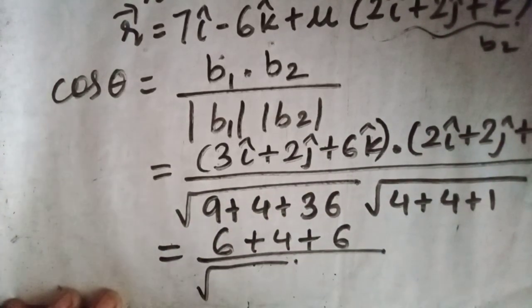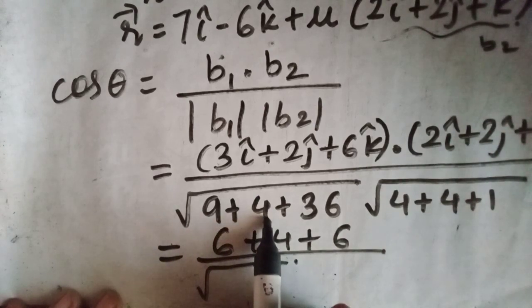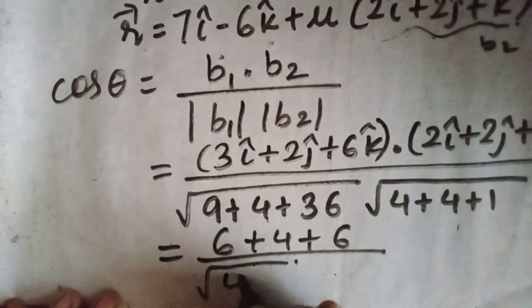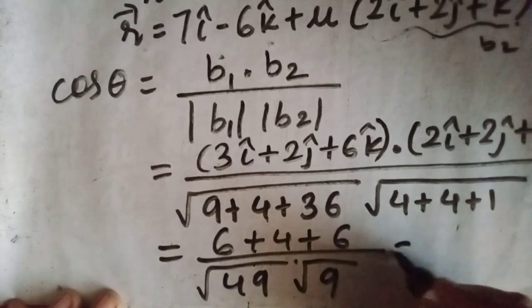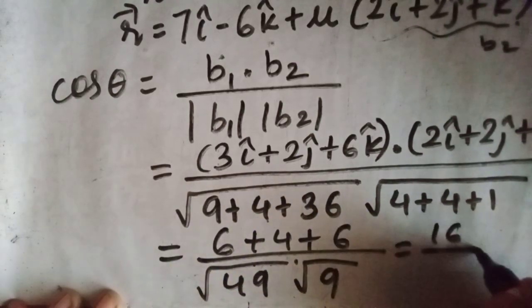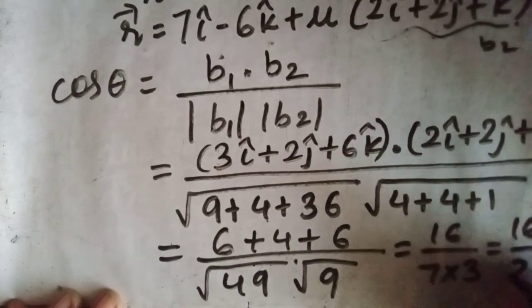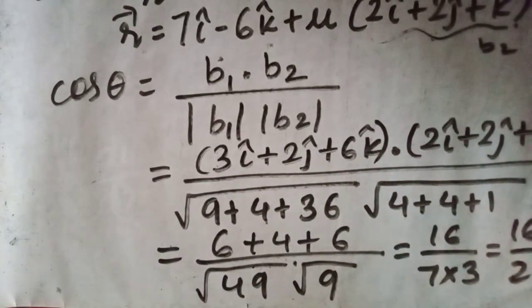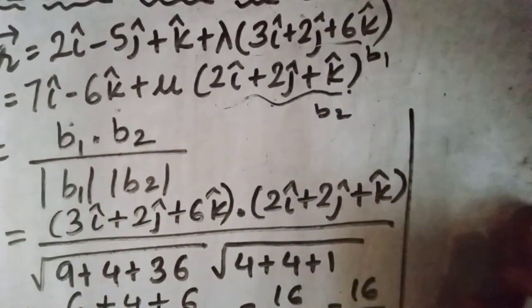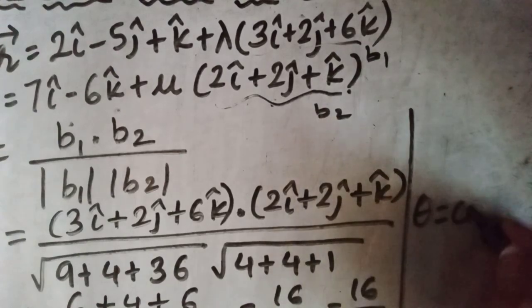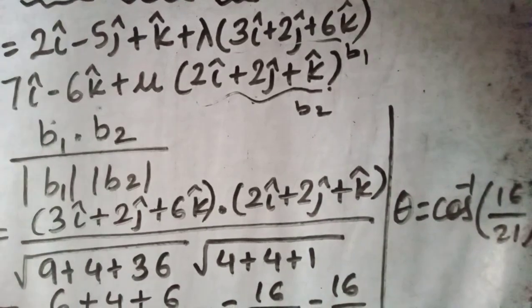This will be 16. So 49 and 9, 16 by 7 into 3, so 16 by 21. Okay, this is your cos theta, and then you have to write theta. So theta is cos inverse 16 by 21.